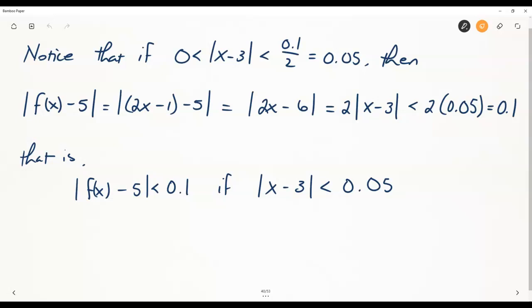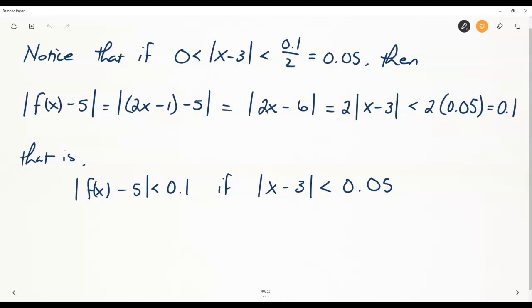It's just 2x minus 6. Factor out the 2. And now, what happens is, remember that we just said that this absolute value of x minus 3, we were setting it to be less than 0.05.